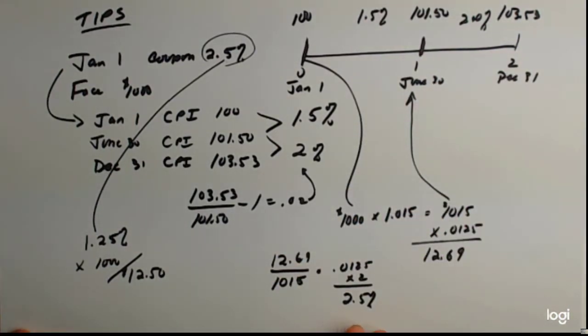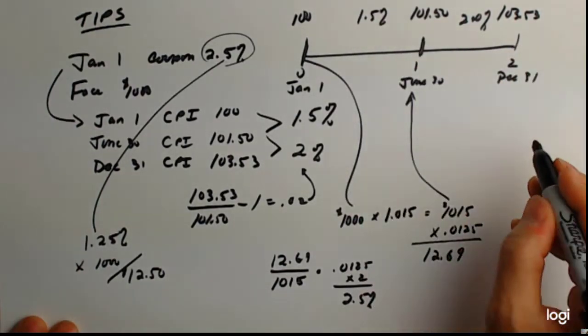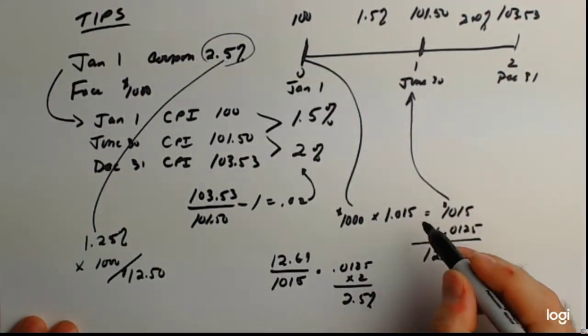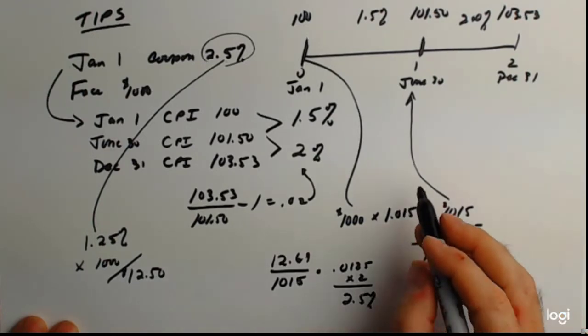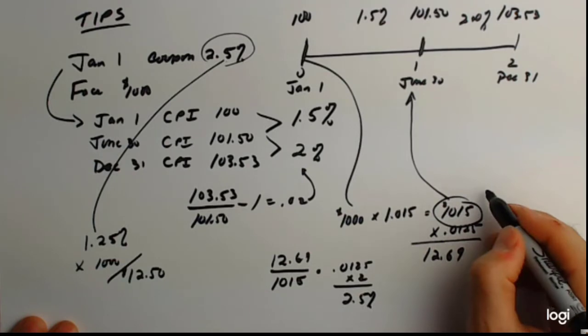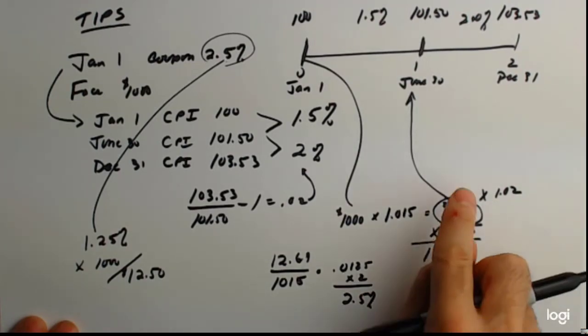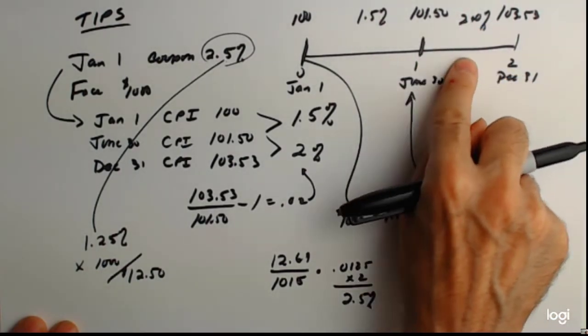Now let's continue a little further and ask, what is the inflation adjusted principal at the end of the second 6-month period? Well, where did I have it written here? Here it is, 1,015, and we're going to multiply that by 1.02 because that's the inflation rate in this time period.